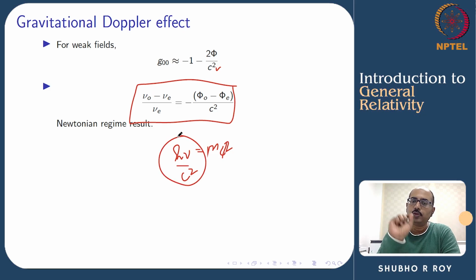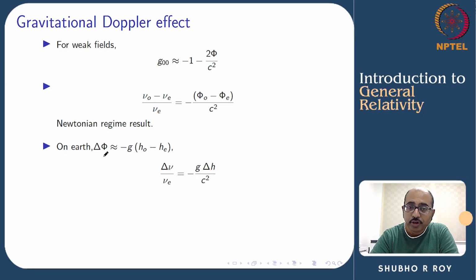As it moves out of the gravitational potential, it loses energy, and hence the frequency will diminish. You can check using this Newtonian logic what the expression for the frequency shifting is, and it will turn out to be exactly the same. So the general relativistic gravitational Doppler effect formula does reproduce the expected Newtonian result, which is no surprise to us.